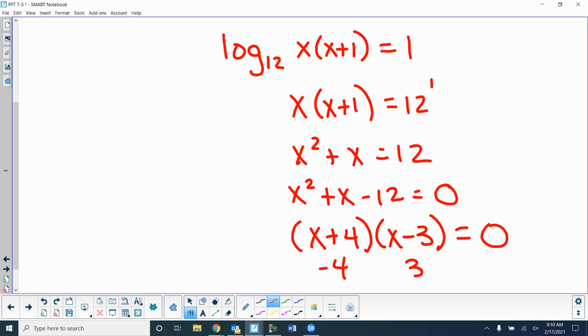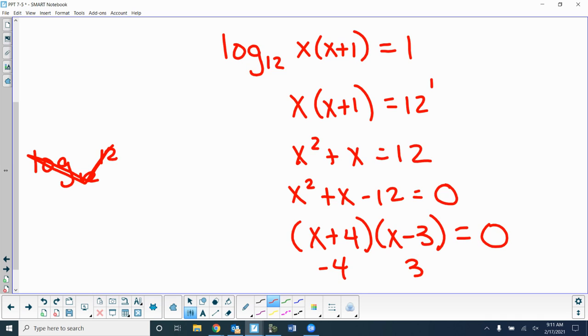Positive 12, right? Is log base 12 of 12 equal 1? Have we learned something? That if these two are the same, they cancel each other. That works, doesn't it? All right, so that one was okay.